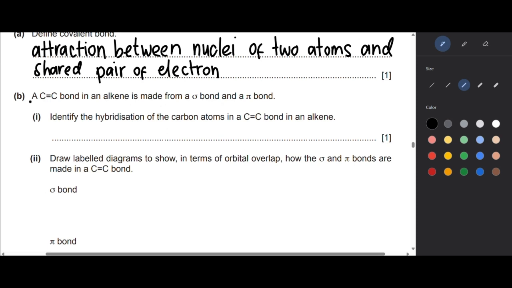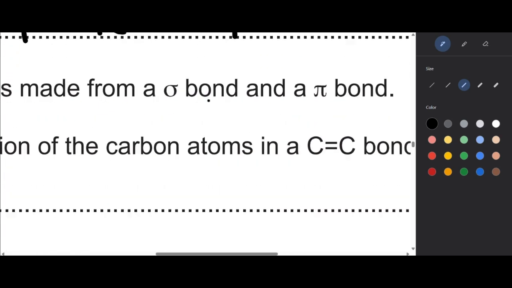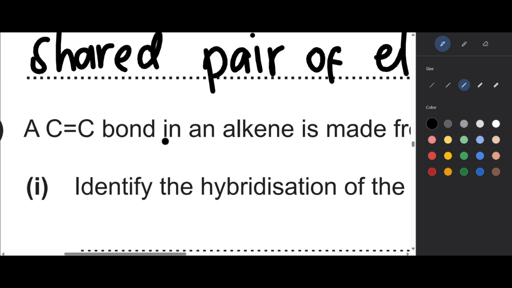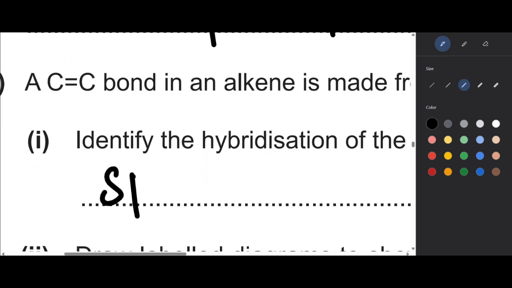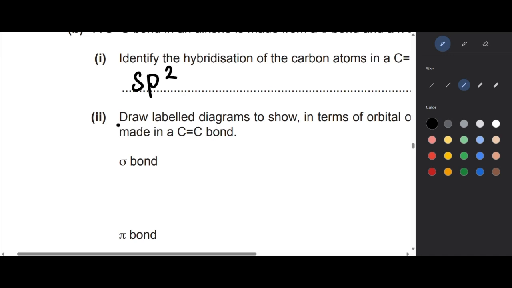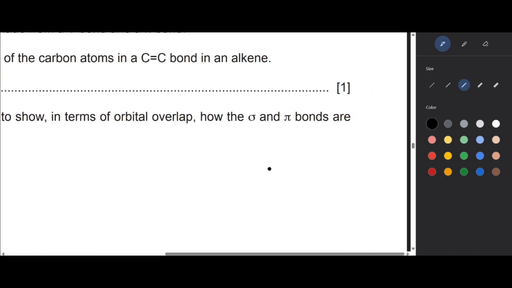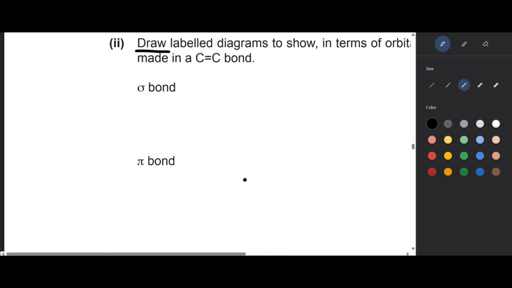The next question: a C=C double bond in an alkene is made from a sigma bond and a pi bond. Identify the hybridization of the carbon atoms in a C=C double bond. It is sp2, sp2. Draw a labelled diagram to show, in terms of orbital overlap, how the sigma bond and pi bond are made in the C=C double bond.